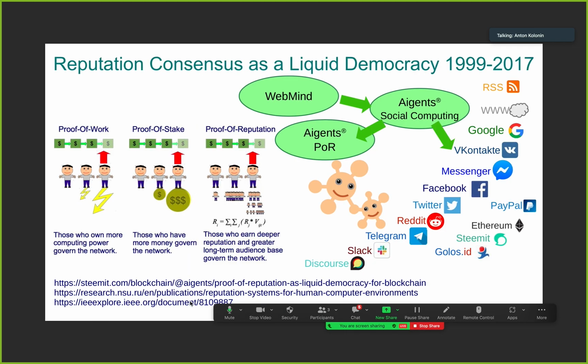Talking about details on these endeavors, in the Aigents social computing platform we make it possible for a user to build up connections with the feeds, contacts, peers and other people that they are connected to through their accounts on Discourse, forums, Slack, Telegram, Reddit, Twitter and other social networks.